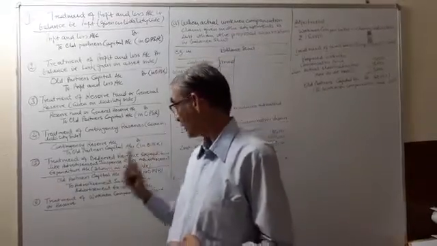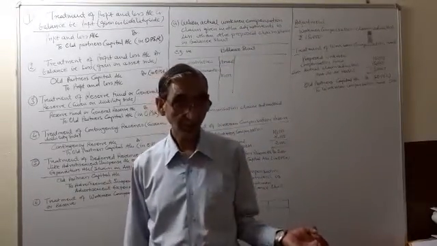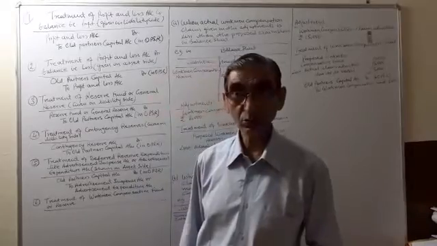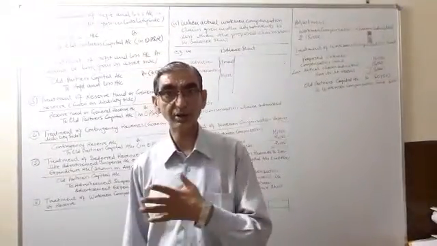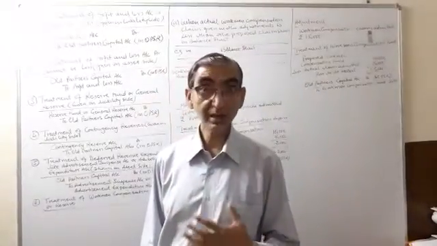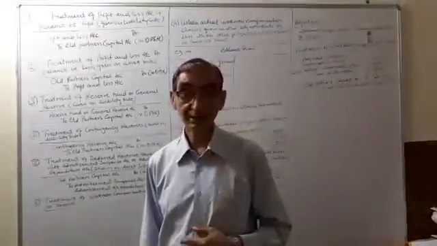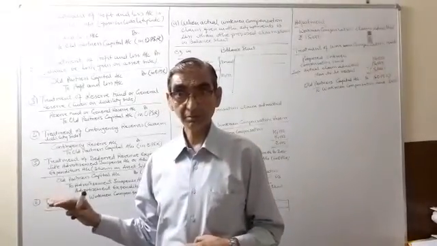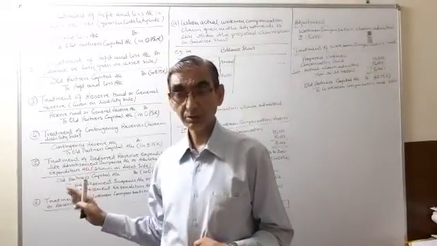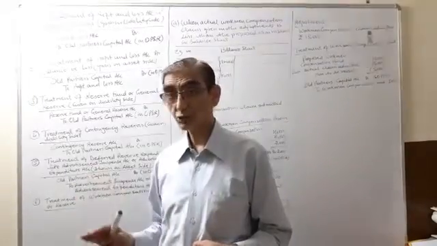So deferred revenue expenditures like advertisement suspense account or advertisement expenditure account are shown on the asset side of the balance sheet. Means they are having a debit balance. To remove these particular accounts from the books, what is to be done?